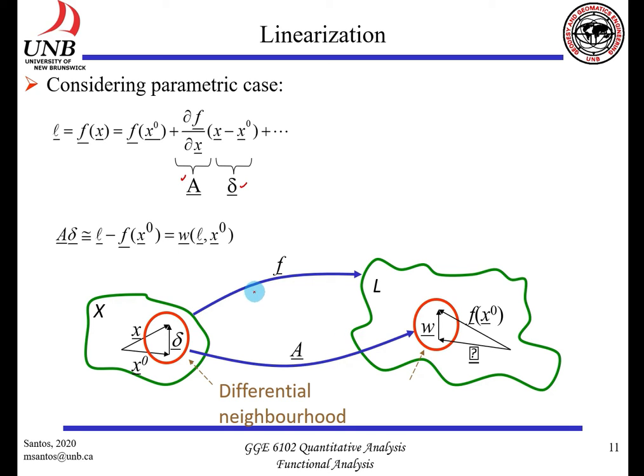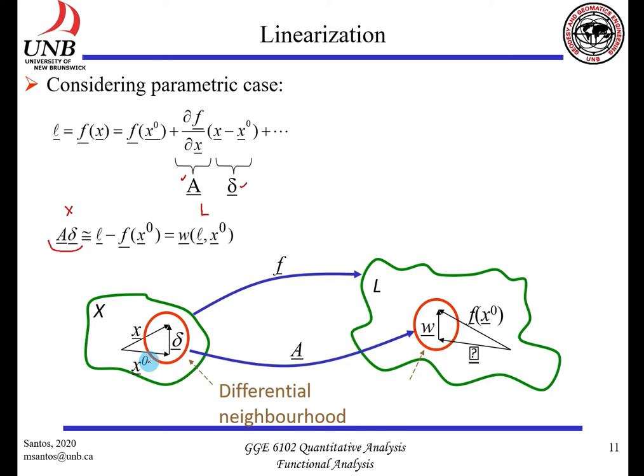So by this expression we can see that we have a transformation from the parameter vector x to the observation vector L. So the misclosure is in the observation vector.